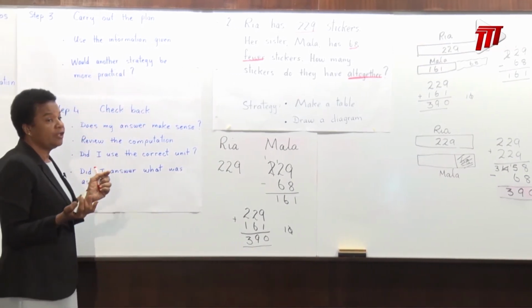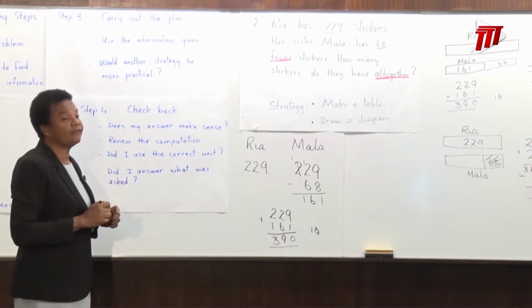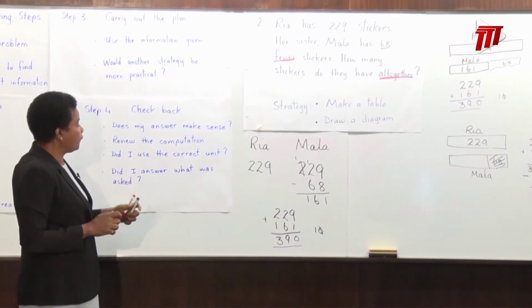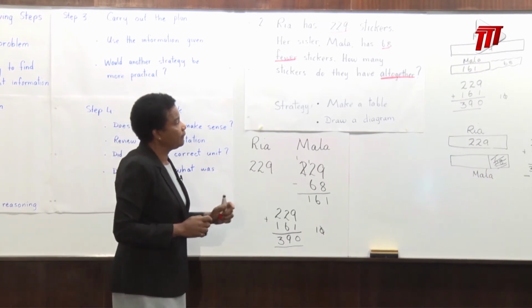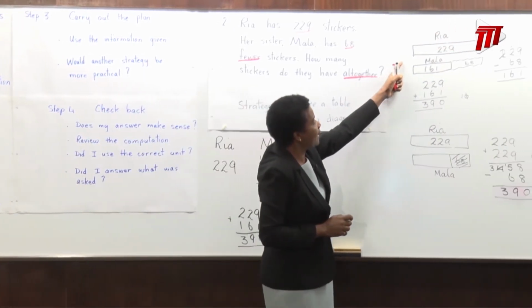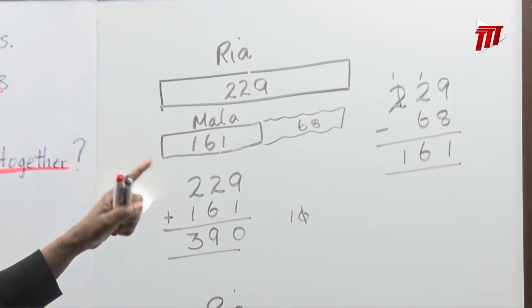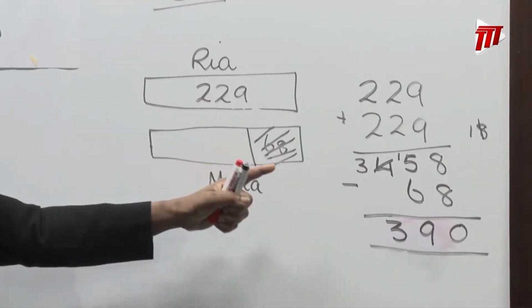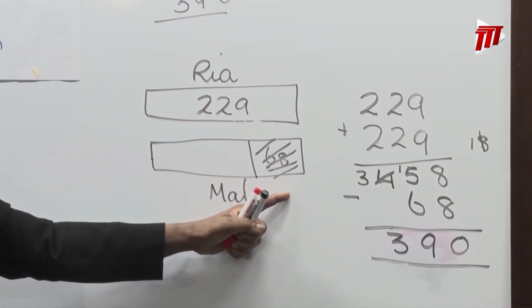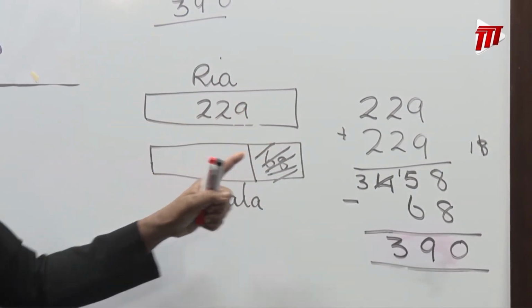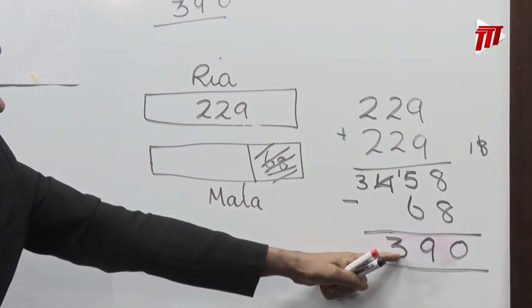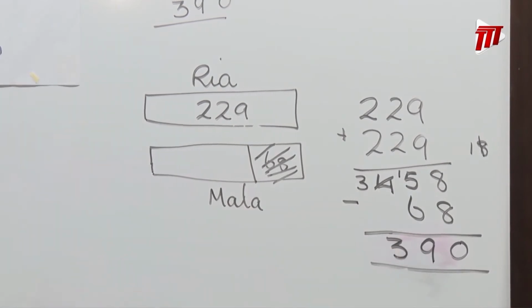Remember, each question can be solved in a variety of ways. The first method was making a table. The second way, we drew a diagram. And the third way also involved drawing of a diagram, but in this method, we added 229 and then subtracted the 68 to get 390.